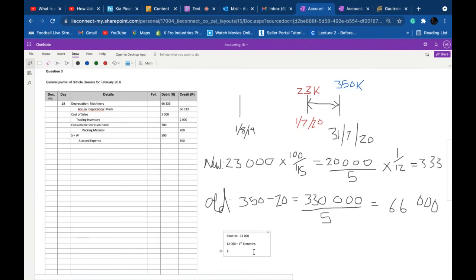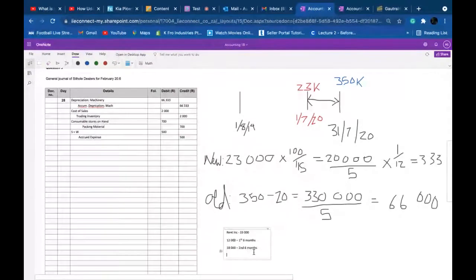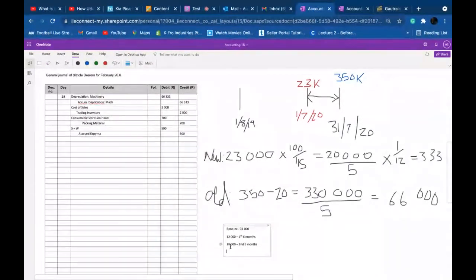So then that's obviously 18,000. Okay, went up by 50%, second 6 months. Okay, so the total that we were supposed to receive, according to our calculations here, 12,000 plus 18,000, that gives you 30,000. Okay, but here it says we've received 33.